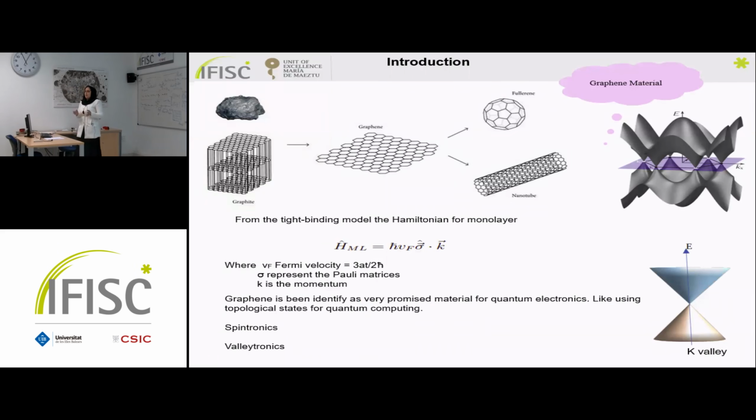Firstly, I want to give a general introduction about graphene material. Graphene, as I think almost all of you know, is a material composed of carbon atoms in a hexagonal structure.